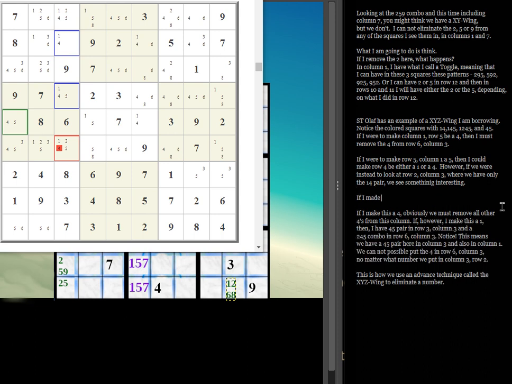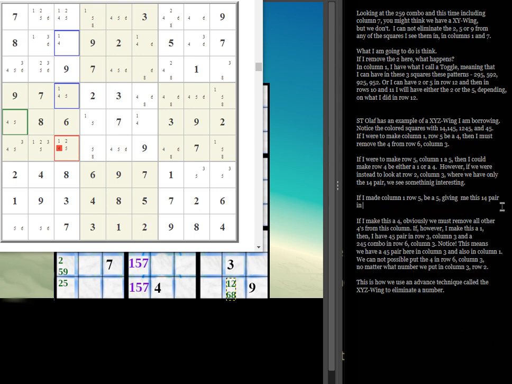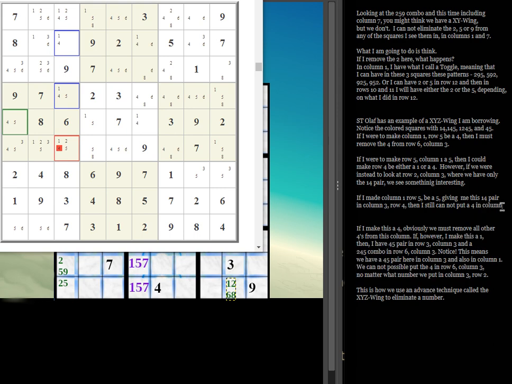If I made column 1, row 5 be a 5, giving me this 1, 4 pair in column 3, row 4, then I still cannot put a 4 in column 6. If I make this a 4, obviously we must remove all our 4s in this column.